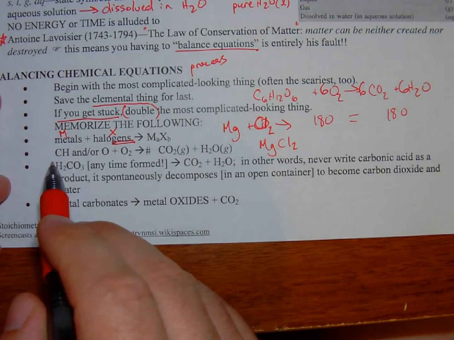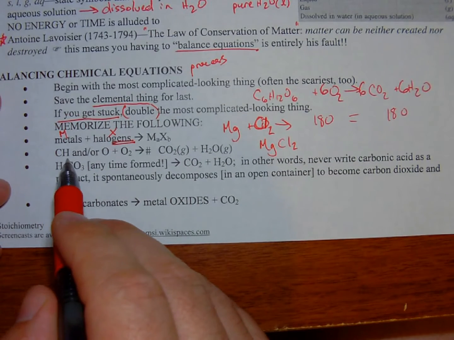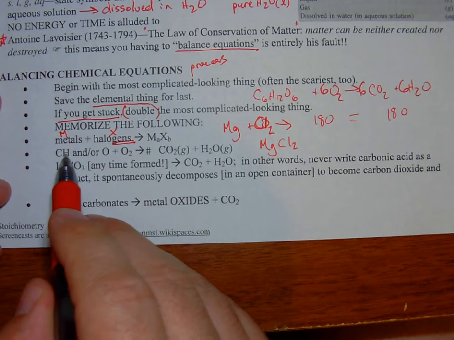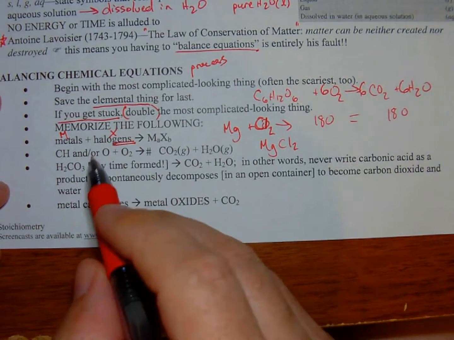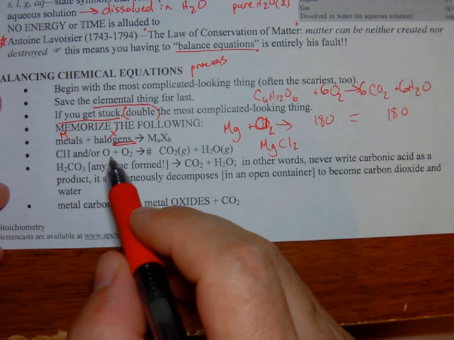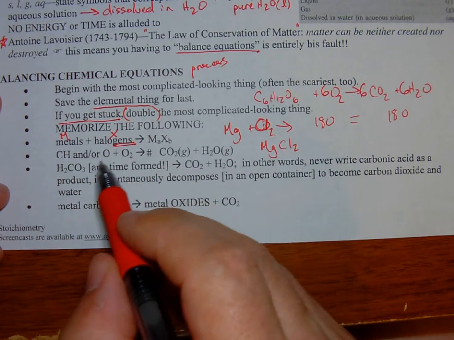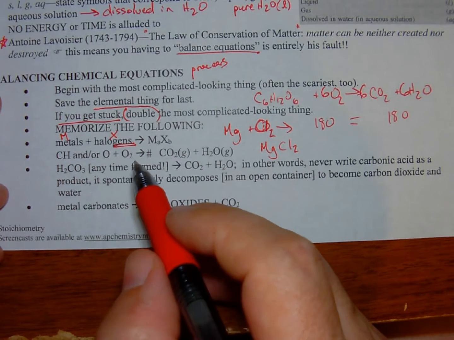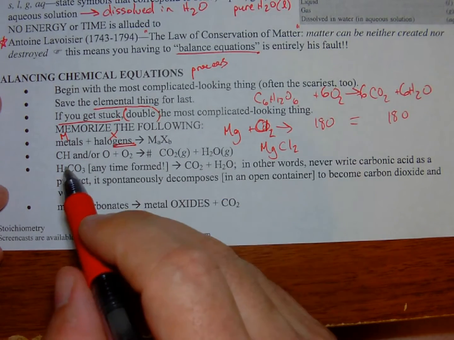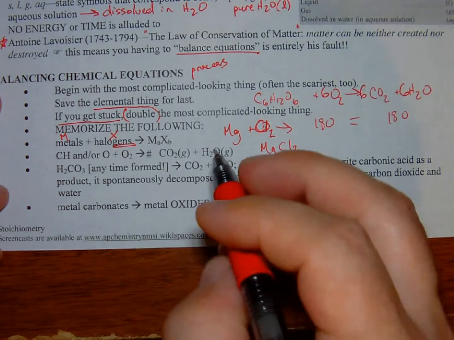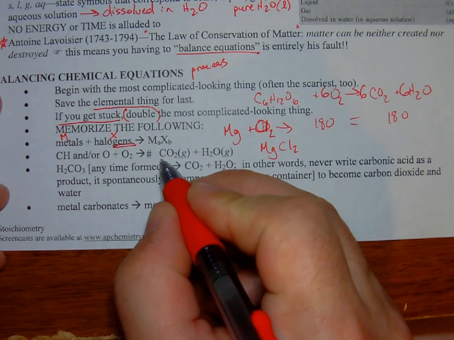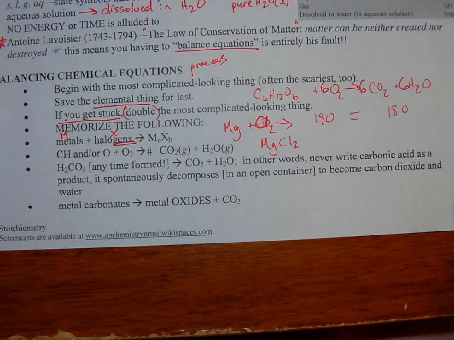Moving on, anytime you combust a hydrocarbon, anytime I react it with oxygen, which is probably going to be O2, which is what's happening when you burn a hydrocarbon, you're going to get some number of CO2s and H2Os.